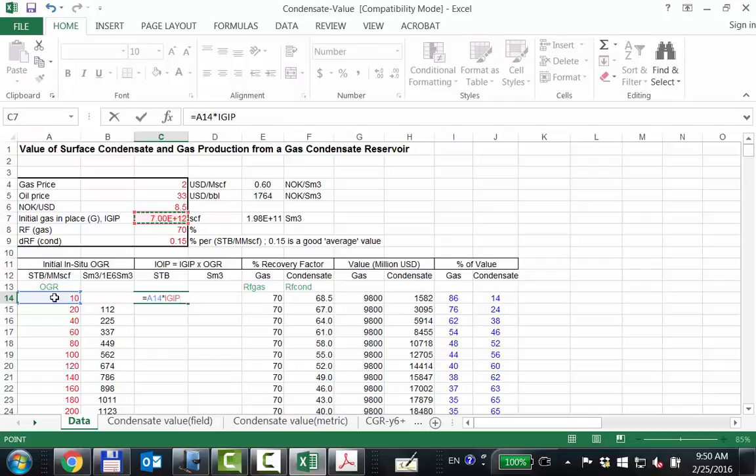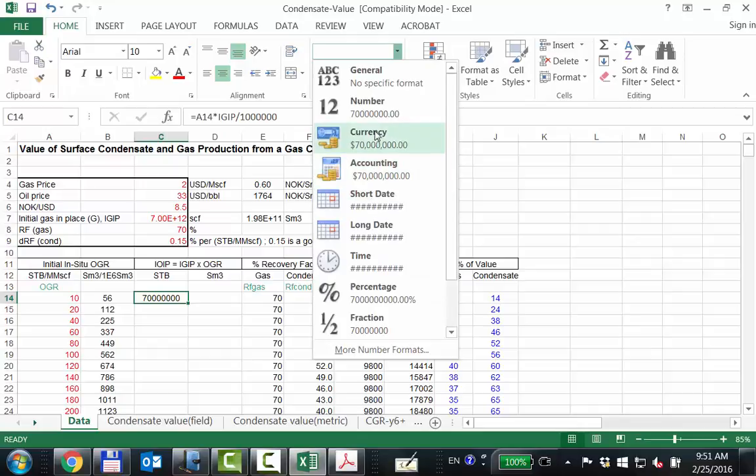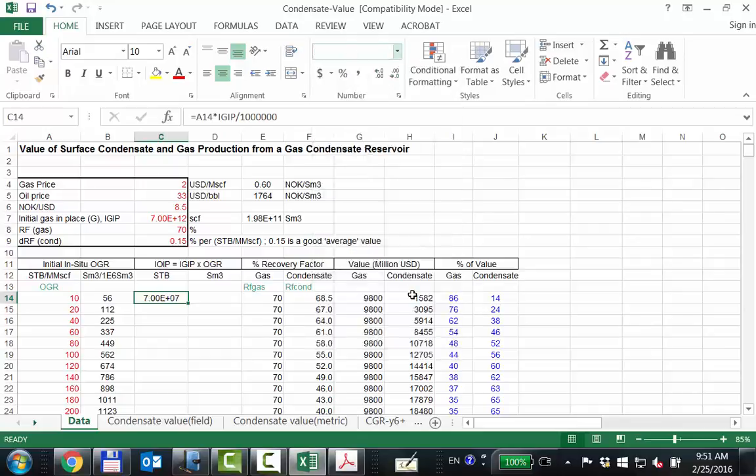So I have to fix the units on that and then divide by 10 to the 6th to get the units right. And then I want to put this in scientific. So 70 million barrels. 70 million barrels.